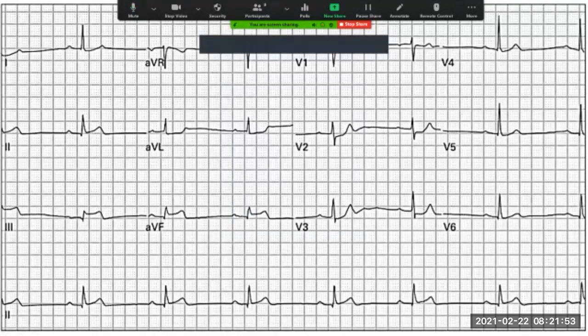That means the atrium is functioning, it's sending its signal through to the ventricle, but it's just taking a little bit longer. This can be clinically significant, or sometimes it can be clinically insignificant as well. When you have a prolonged PR interval, it can be because of electrolyte abnormalities, an ischemic event, or congenital heart disease.